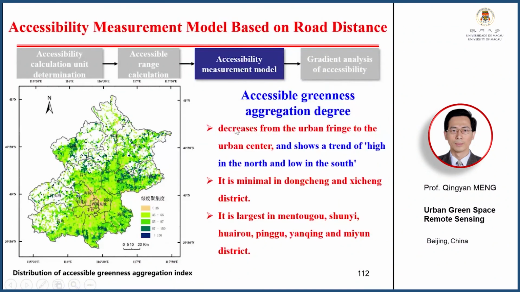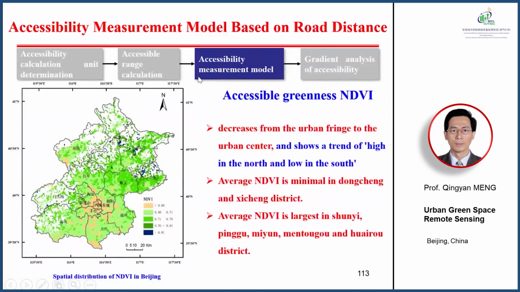And the accessibility greenness degree decreased, with the minimum here and the largest here, and the gradient accessibility.